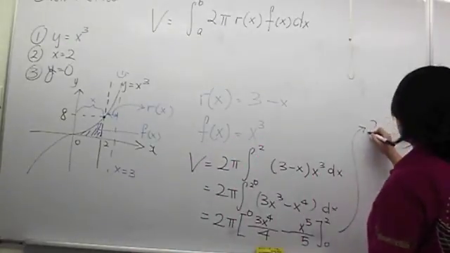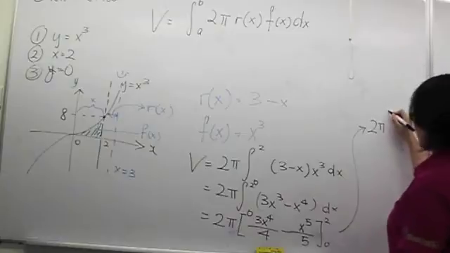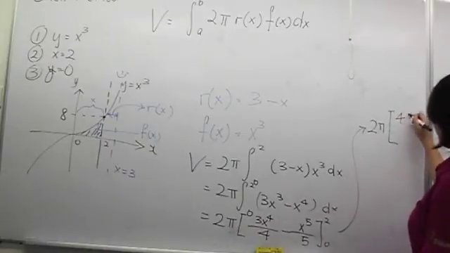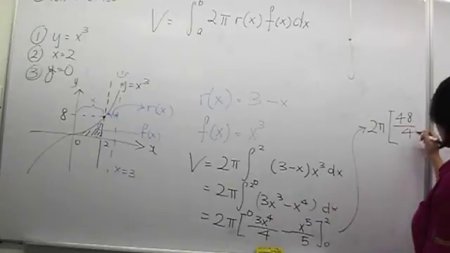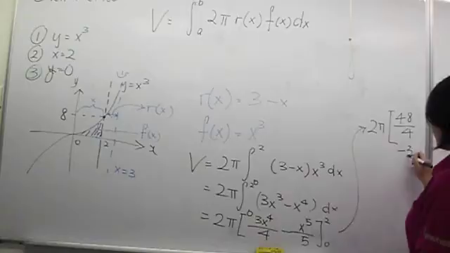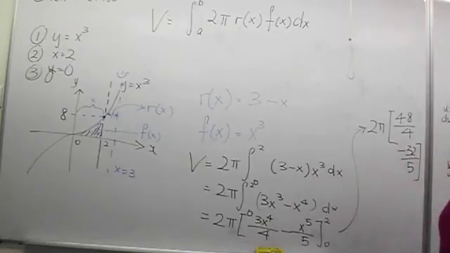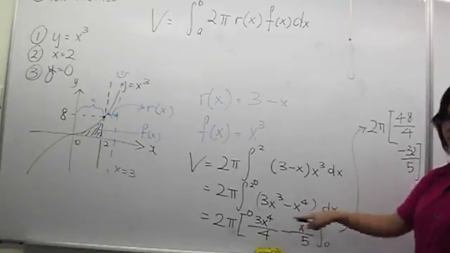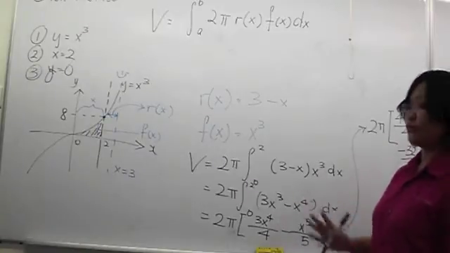You'll get something like this. 48 over 4 minus 32 over 5. When you substitute 0 into this, you'll get 0 for both.